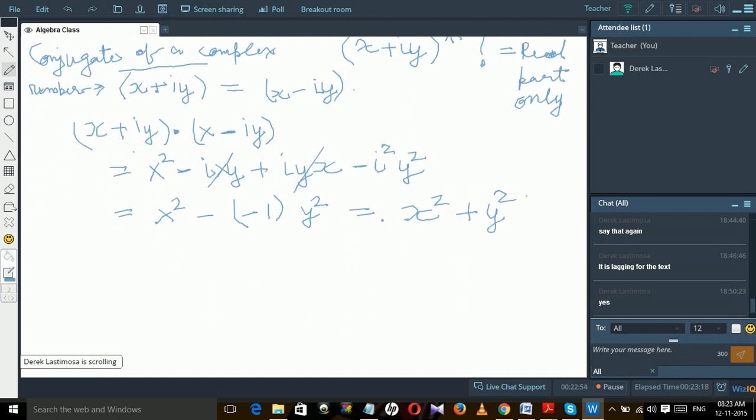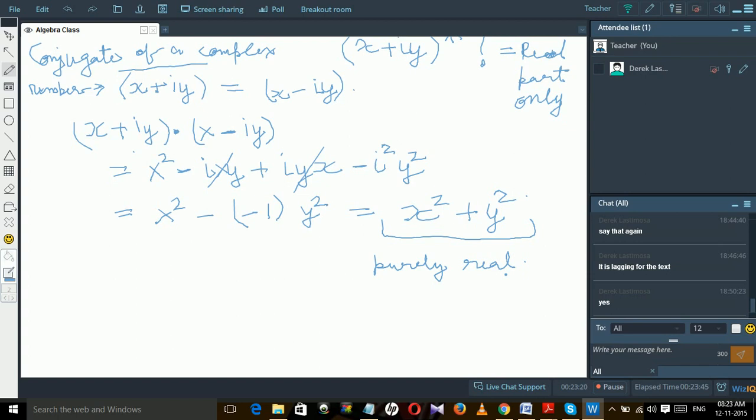Now as we can see, the final result on multiplying the complex number with its conjugate always eliminates the imaginary part and gives us a real number. This is a purely real number, x square plus y square. There's no imaginary part attached to it.